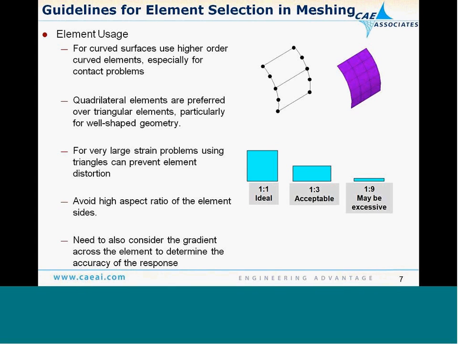Now, sometimes we prefer to use lower order elements because in terms of stress evaluation, which occurs at the integration points, we have the same number of evaluation points in general with the lower order elements versus the higher order elements. So if that's the important criterion, then maybe I'm going to stay with the lower order elements. Sometimes we'll use a hybrid mesh where we use the higher order elements on the surfaces where we have, for instance, contact or we model our curvature, and we can transition to the lower order elements away from there as well.